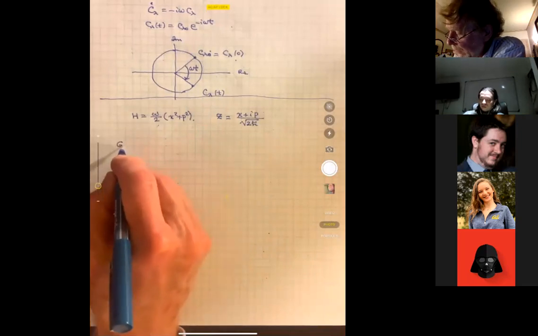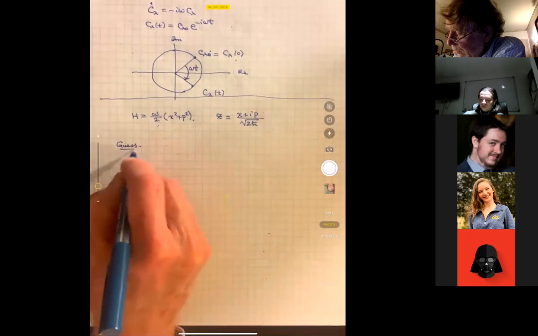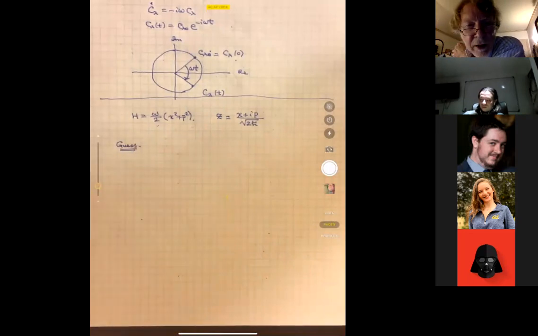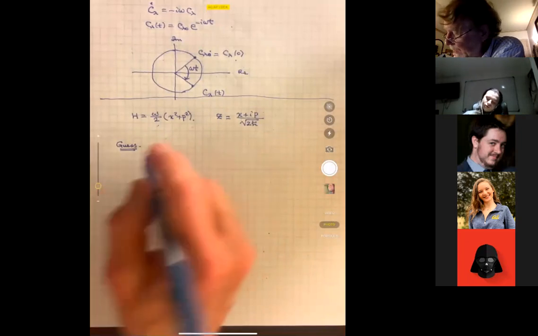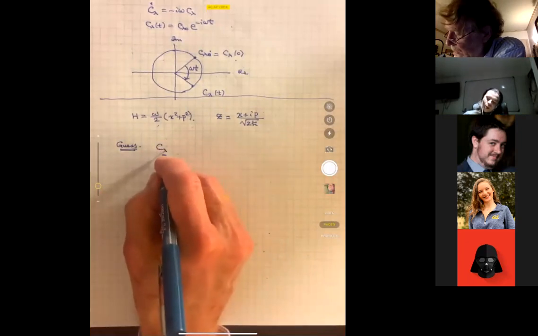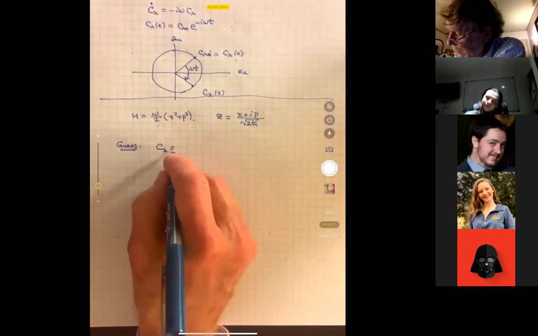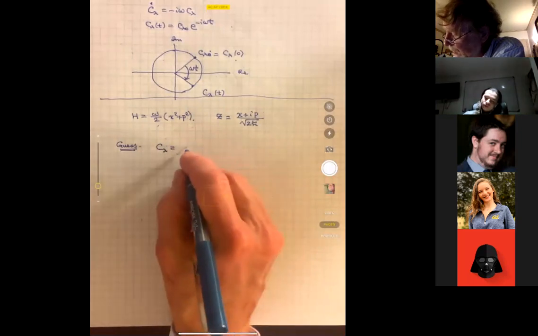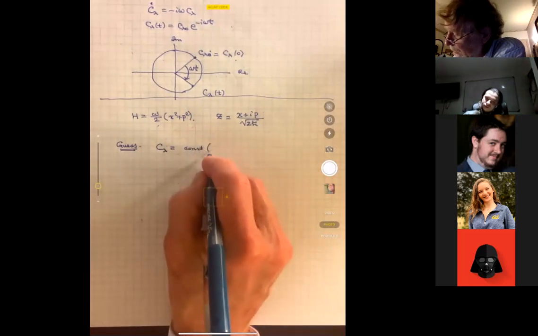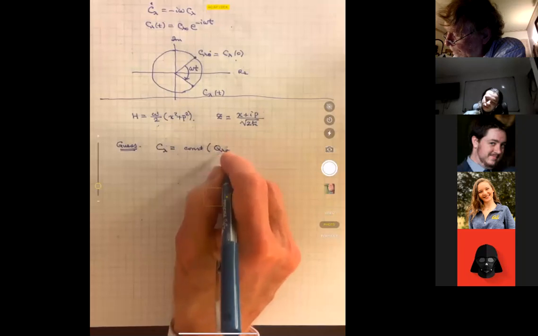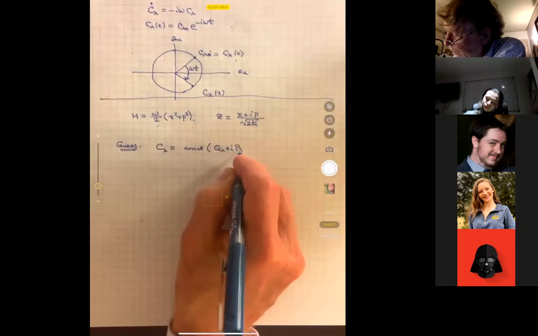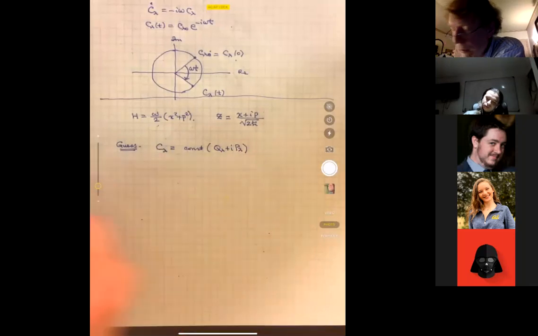And so this leads to a guess. If we want to find a Hamiltonian for the electromagnetic field, we need to know what the p's and the q's are. And the guess is that each of these complex mode amplitudes C lambda is proportional to some constant times a q plus an ip, so that its real and imaginary parts are the q and the p of a harmonic oscillator.